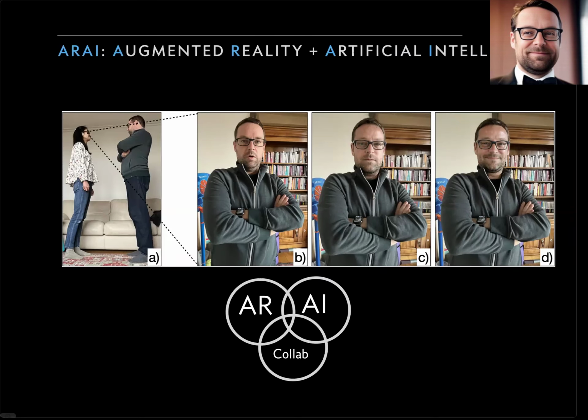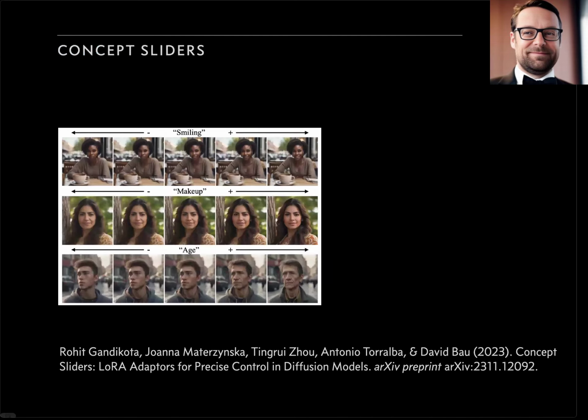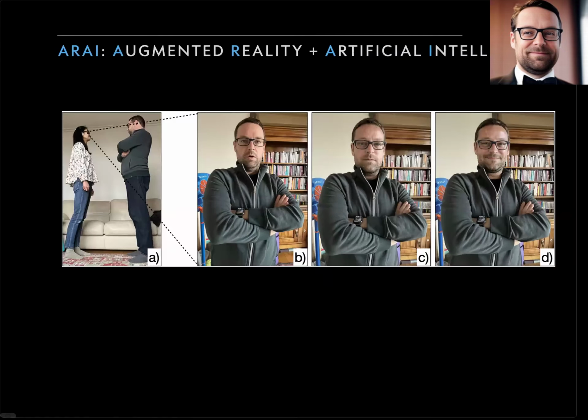It shows what I'm very interested in, and what my team now works on: this combination of augmented reality, artificial intelligence, and collaboration or interaction between people. The example I showed about making people smile is very specific, but it can actually be much more general.